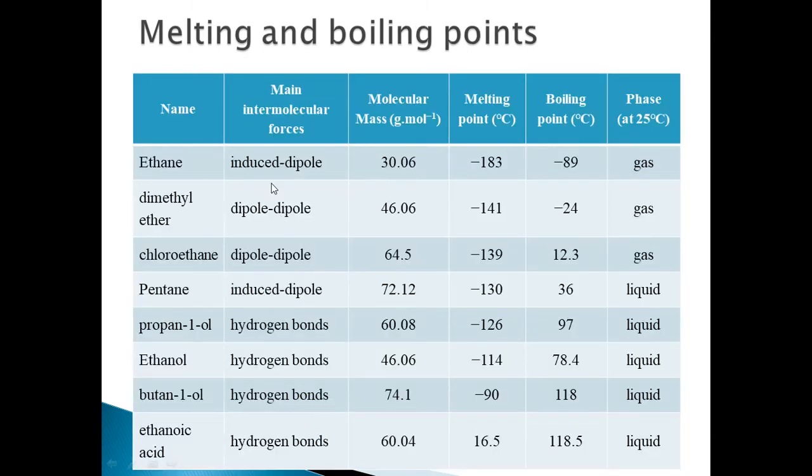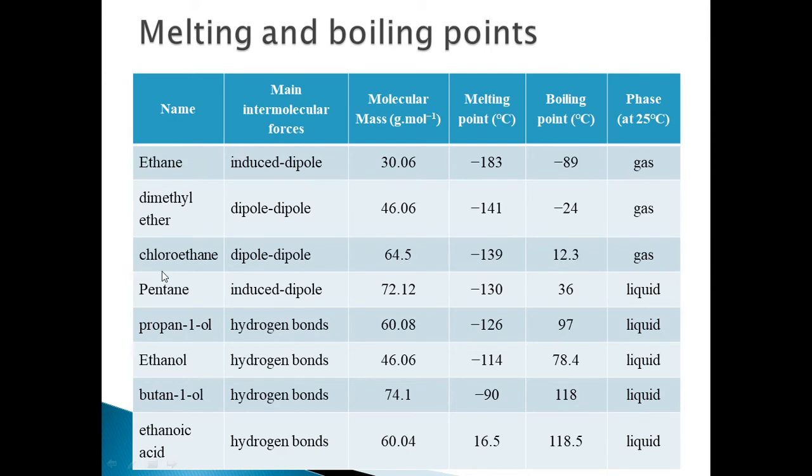This table also shows the melting point and boiling point of different substances from ethane to ethanoic acid. If you look at ethane, being a hydrocarbon, the intermolecular force operating in ethane is induced dipole, and the melting point is minus 183, the boiling point is minus 89, and it exists as a gas.